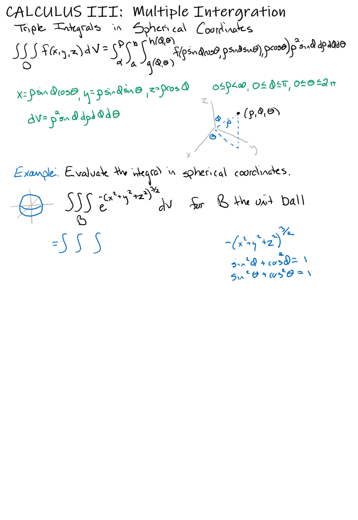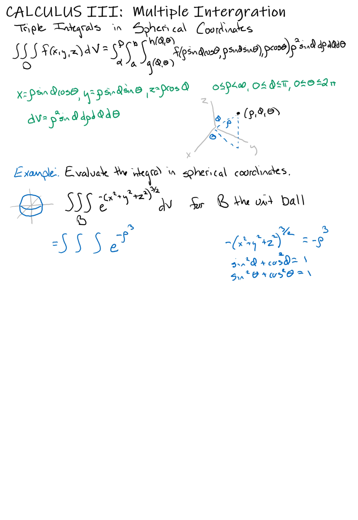Using those substitutions, you end up getting that the exponent ends up being negative rho cubed. So our integrand becomes, I'm sorry, wait, there's an e. That's e to the negative rho cubed.